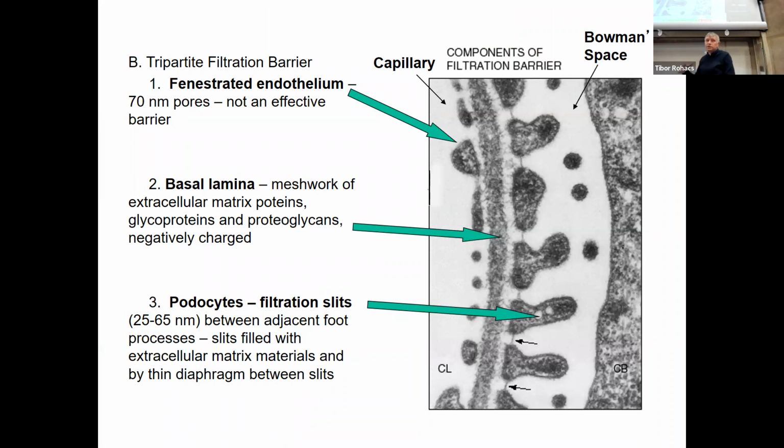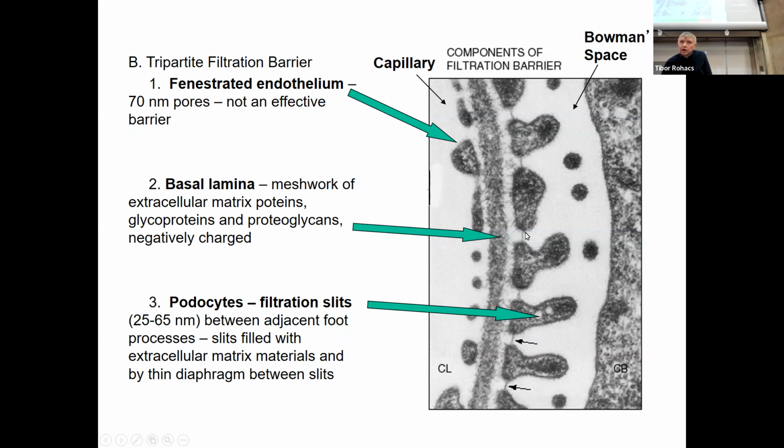What basically holds back the proteins is the next two layers, which is the basal lamina, this glycoprotein and proteoglycan structure, and in between the podocyte foot processes, you can see these little diaphragm structures.